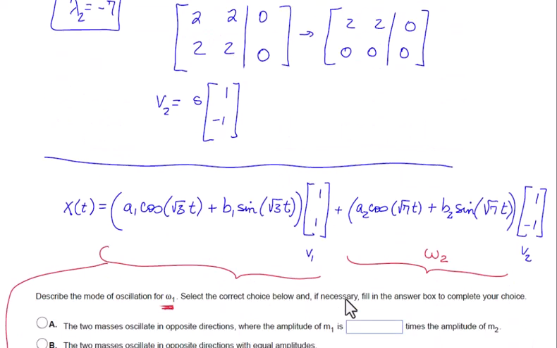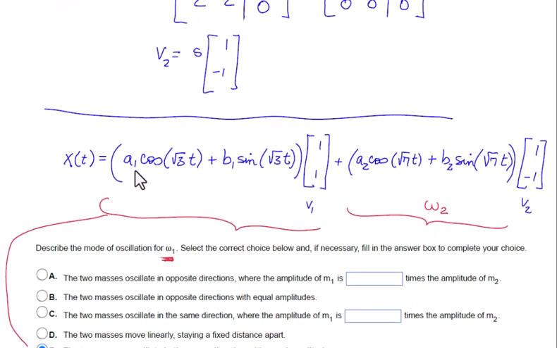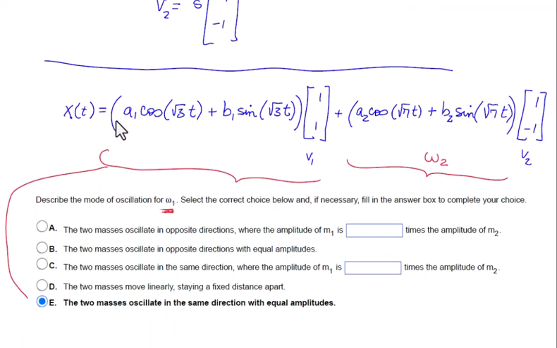All right, so that means that my solution has my eigenvalue and omega 1 there of square root 3 times its eigenvector. And this one is multiplied by 1, minus 1. So if I look at this piece, it's got a 1 and a 1.